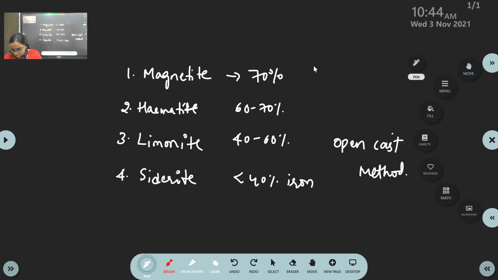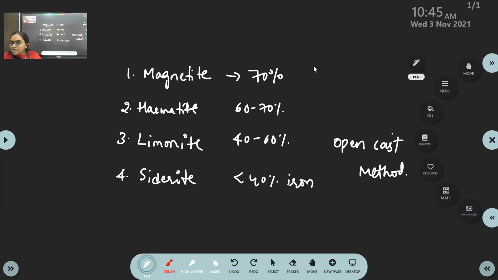Next, limestone. Limestone is a rock composed of calcium carbonate, or a mixture of both calcium and magnesium carbonates.